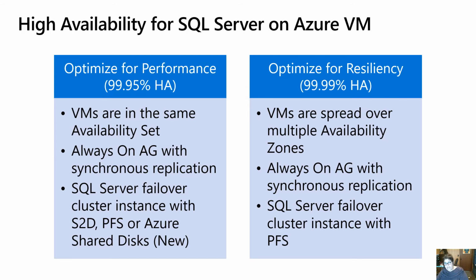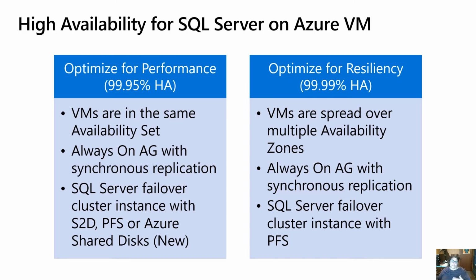With availability sets, you get 3.5 nines, 99.95% availability, but you get better performance because they are close to each other. With availability zones, you have the option of 4 nines, 99.99% availability. But with an availability zone, you would take those same 2 VMs and put them in different availability zones, which is analogous to having them in different data centers.